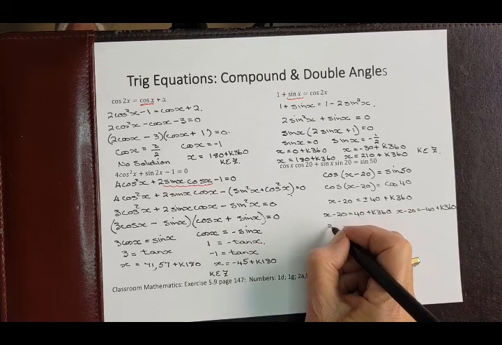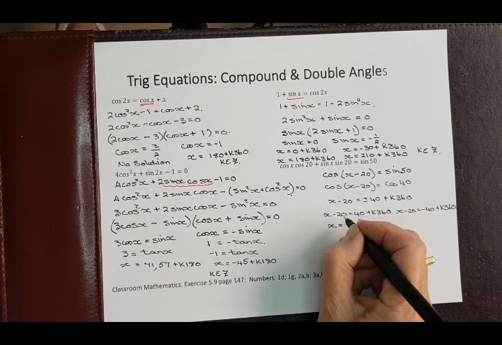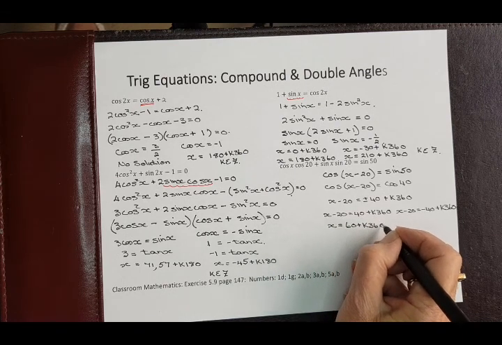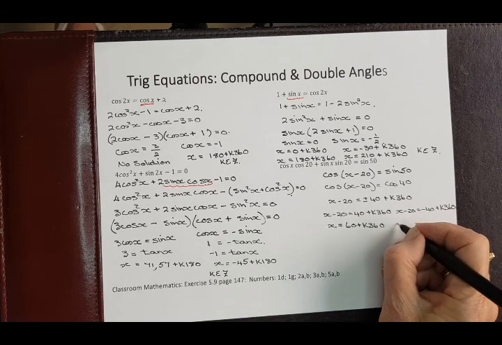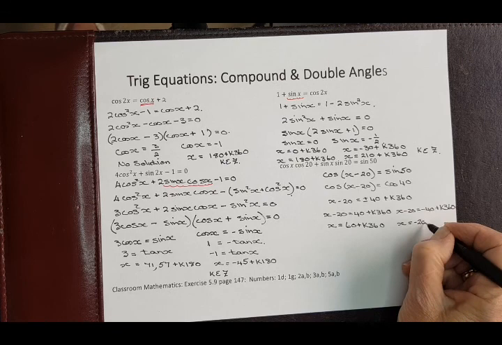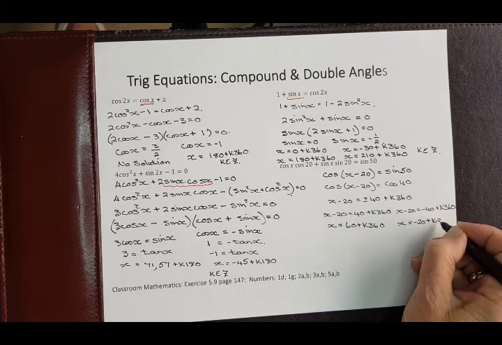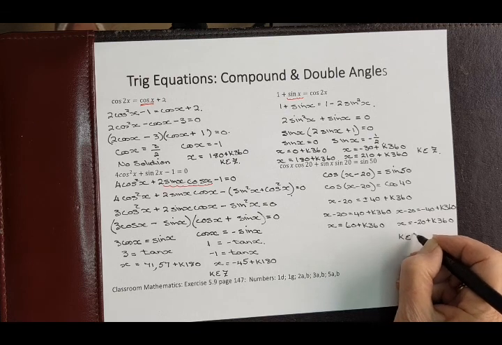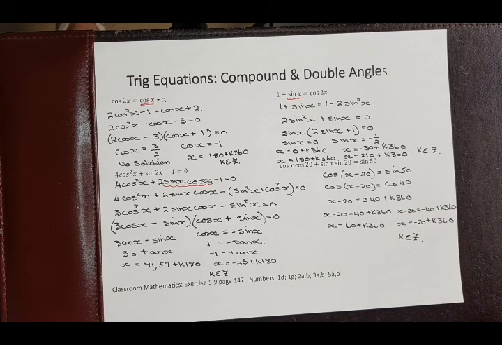Taking that across, x will equal 40 plus 20 plus k 360. Taking that across, minus 40 plus 20 is minus 20 plus k 360, where k is an element of integers again.